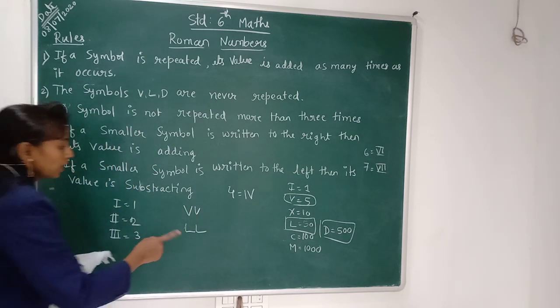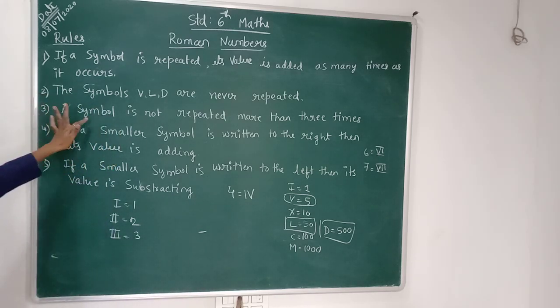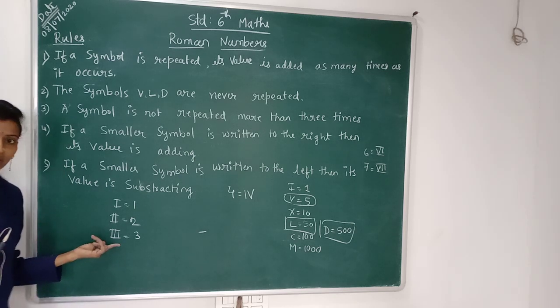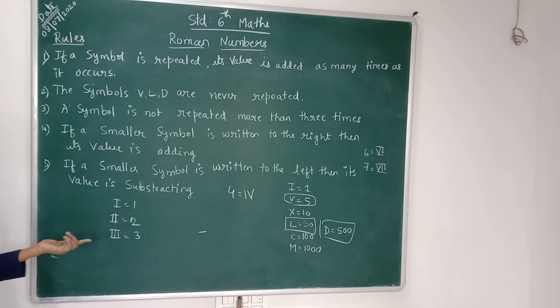For this we have another method. The next rule is, a symbol is not repeated more than 3 times. Up to 3 times we write it, not more than 3 times.